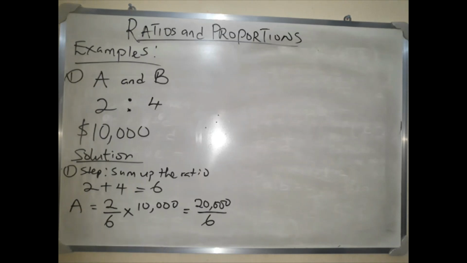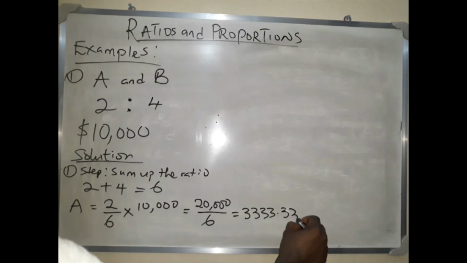When we divide 20,000 by 6, it gives us about $3,333.33. So we've gotten the amount that Mr. A will get out of the $10,000 to be divided in the business partnership.